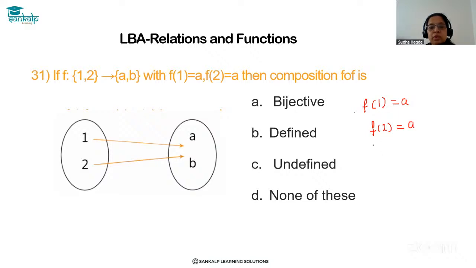So both the elements are mapped to A. Correct? So it is a constant function basically. Constant function, and it is defined as f of x is equal to A.